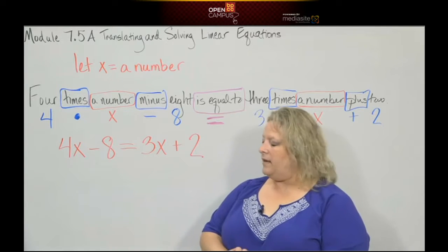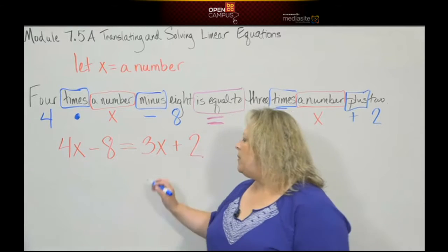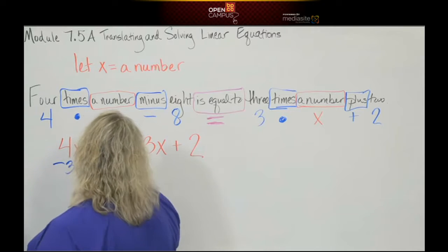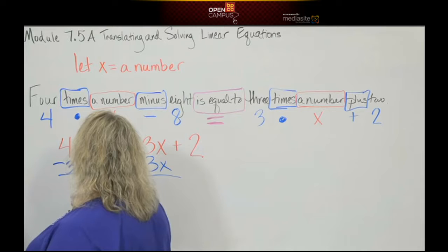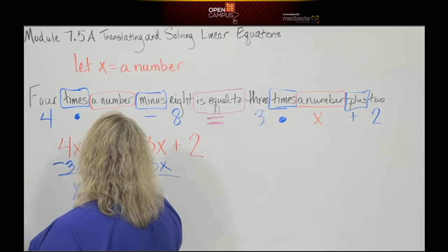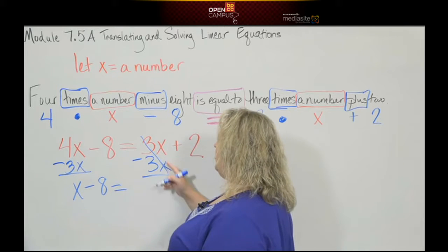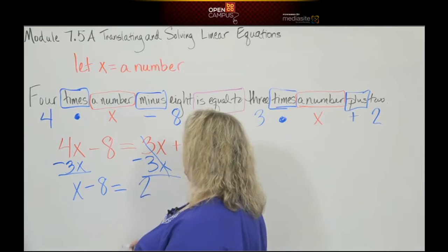So let's do that. Let's put the 3x over here with the 4x by doing the opposite operation, which is subtraction. So that gives me 1x minus 8 is equal to the 3x and the 3x cancel out to be 0 because any number and its opposite is 0, and then bring down the 2.